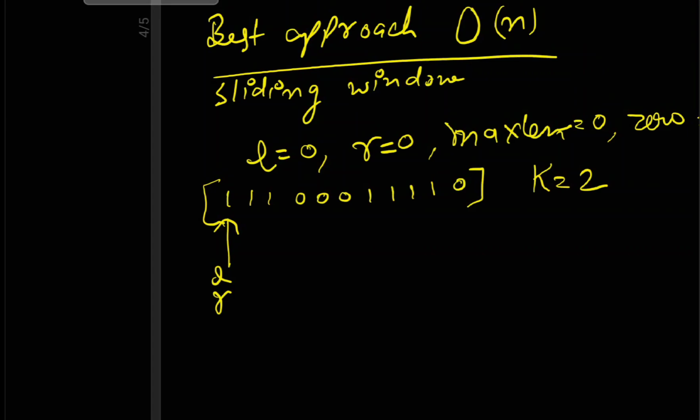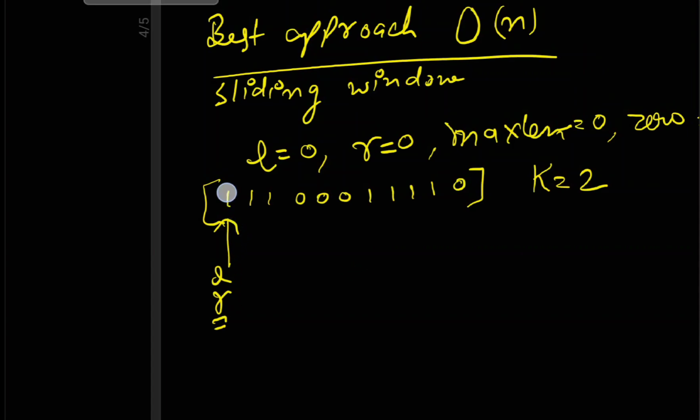I will check the window size. How am I doing it? I am starting from 0, and I will move my right index in the right direction. How long should I do this? As long as my zeros count is less than k.